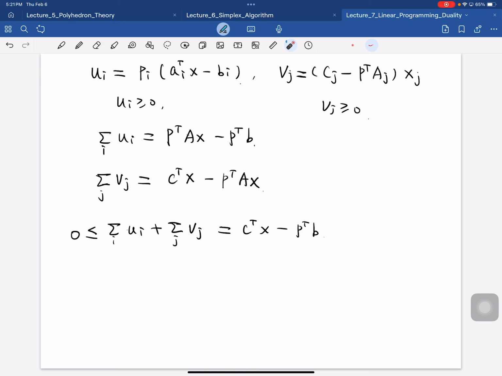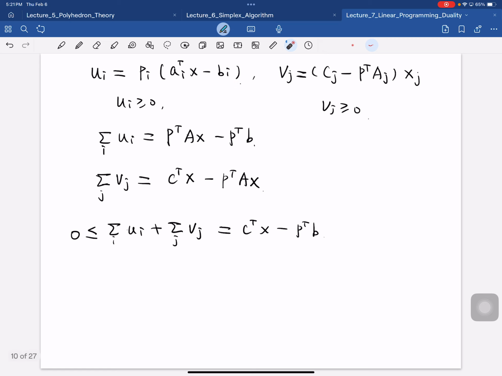And when are they equal to 0? They are equal to 0 when all the Ui's and all the Vj's equal 0. What are the Ui's and the Vj's? They are these terms, right? They are called complementarity constraints because you have the dual variable multiplying the primal constraint.